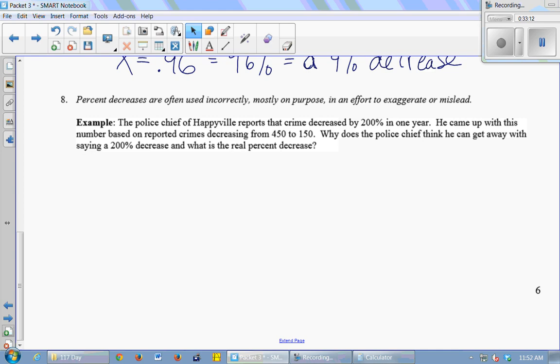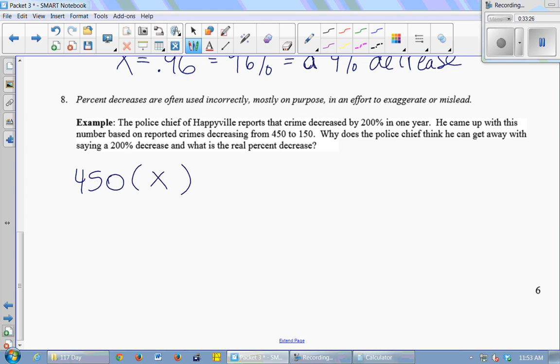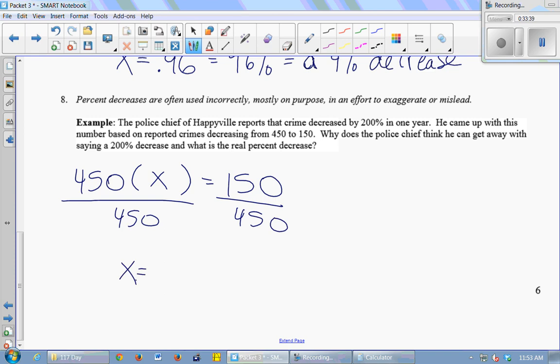What's the real percent decrease? 67. How'd you get it? Okay, so we did 450 times what percent decrease gives you 150 remaining crimes. Divide both sides by 450. So we get x is 0.33, right?